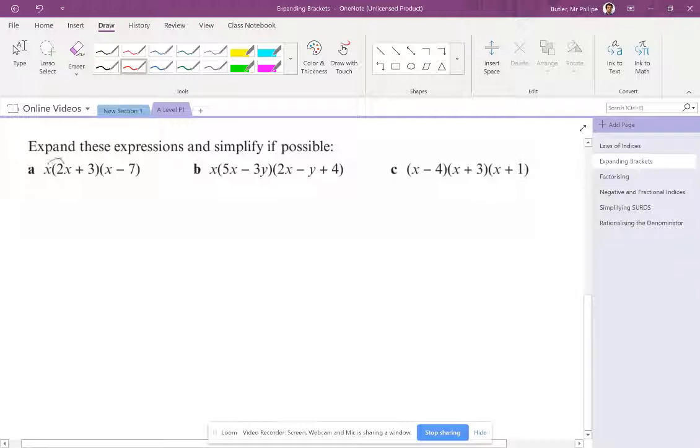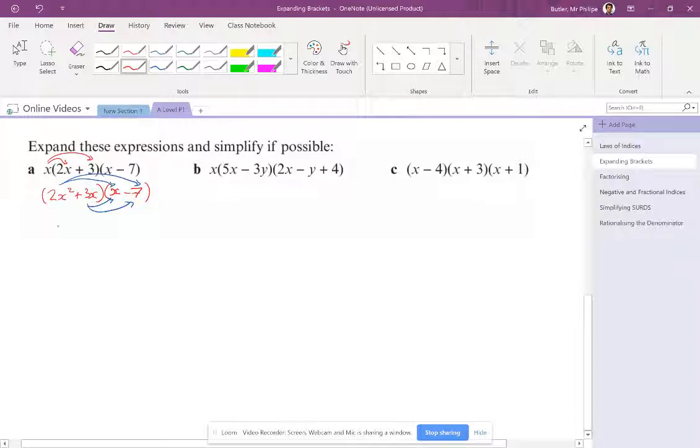So I would start by multiplying that out, and you'll end up with 2x squared plus 3x. But keep it in brackets so that when you do the second round of multiplication, it becomes a bit easier. Same rules apply. Multiply everything in one by everything in the other.